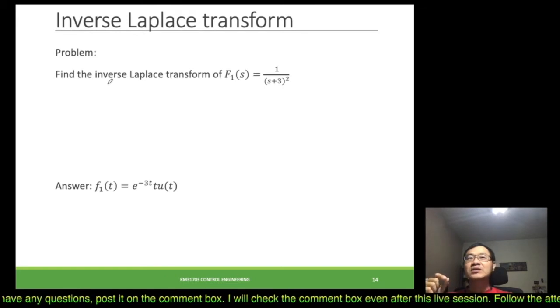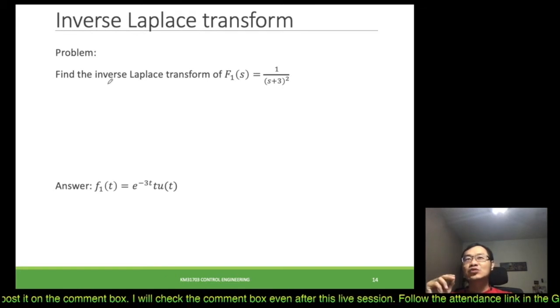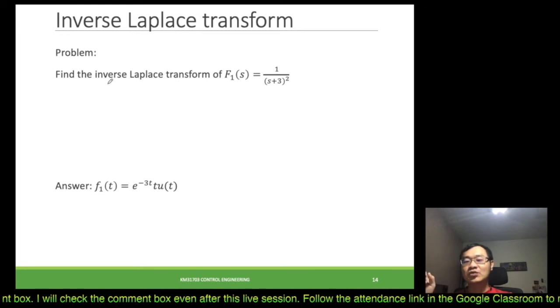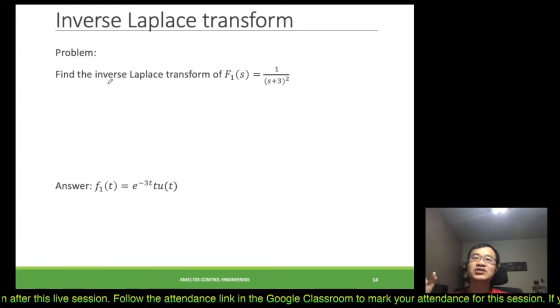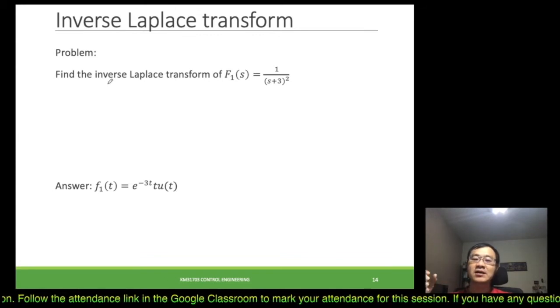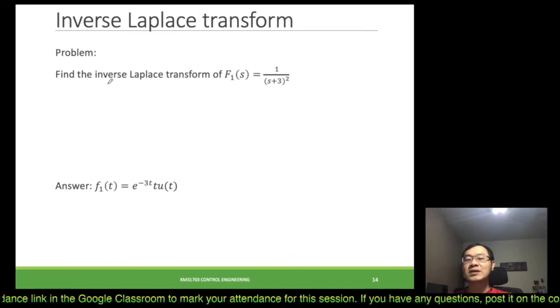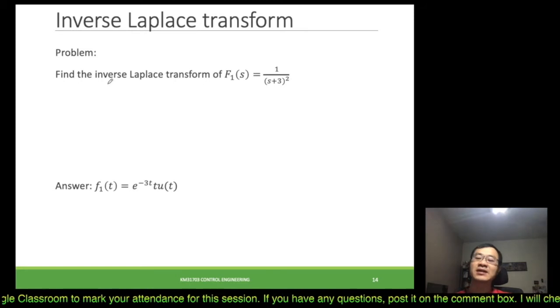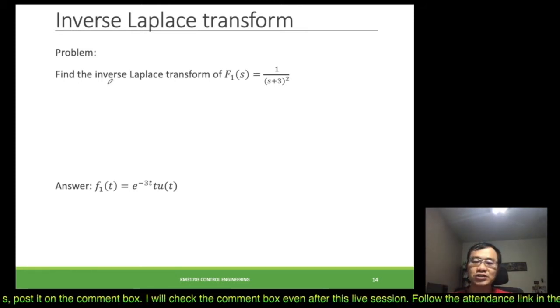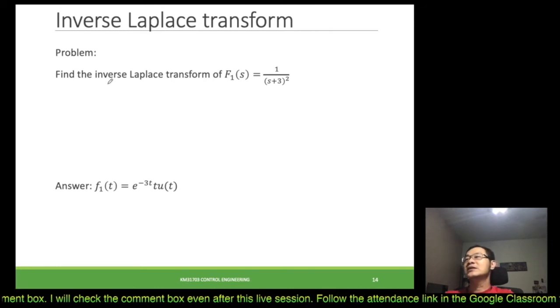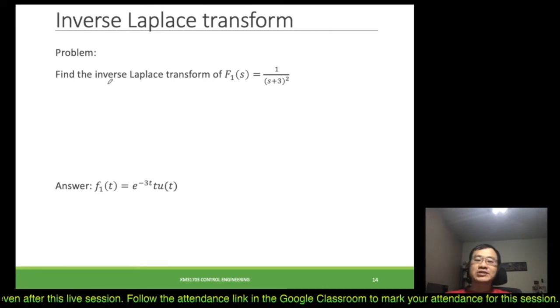Remember what our main intention is: to do this Laplace transform to help us solve our differential equations problem more easily. Once we have transformed it, we want to inverse the direction to get back the final solution for our main problem. Therefore, you would be able to do an inverse Laplace transform as well.